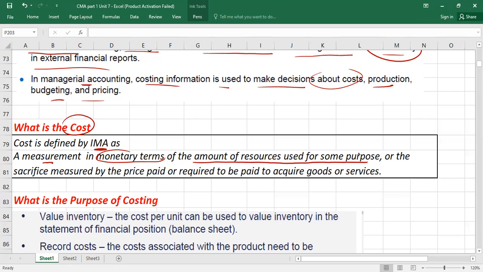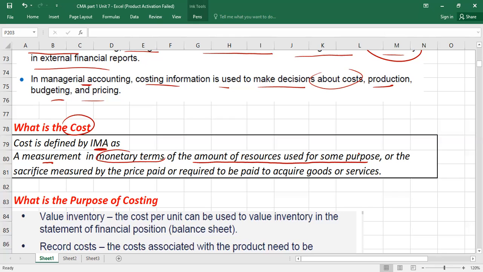Let's understand with the help of an example. You are manufacturing chairs. You have utilized fabric or metal, or wood to manufacture the material. So what is the cost here? These are the resources which I have consumed. Resources means, say, wood, fabric or metal. I want the value of these resources in terms of money.